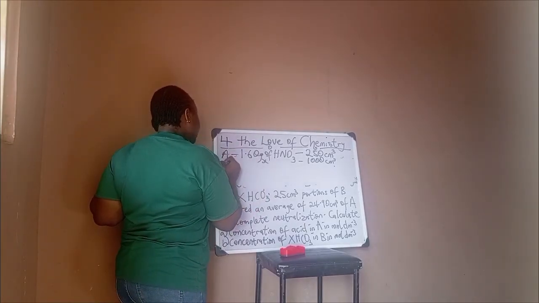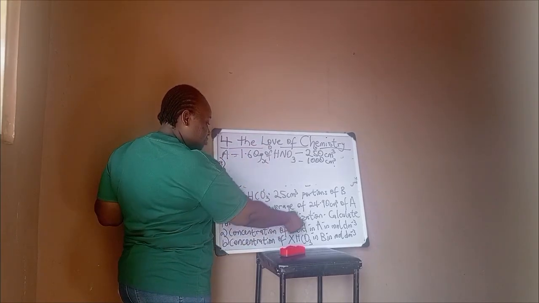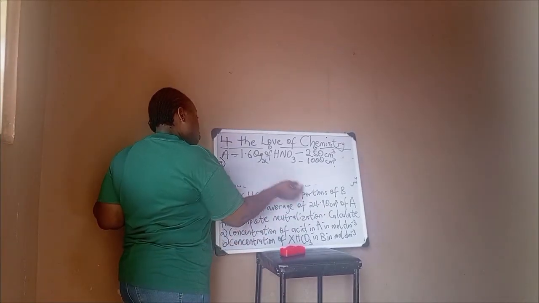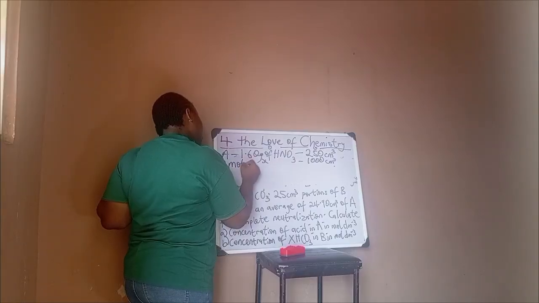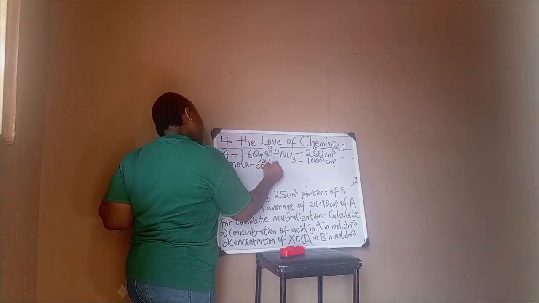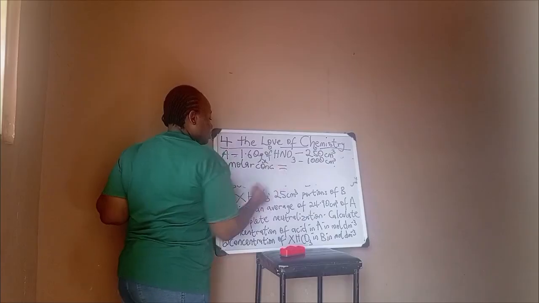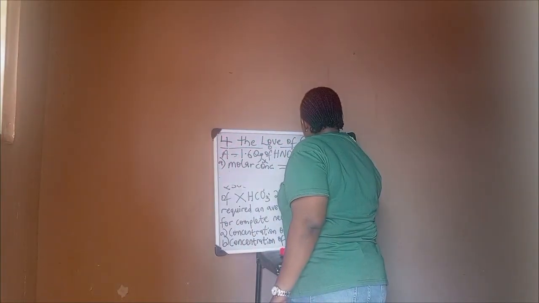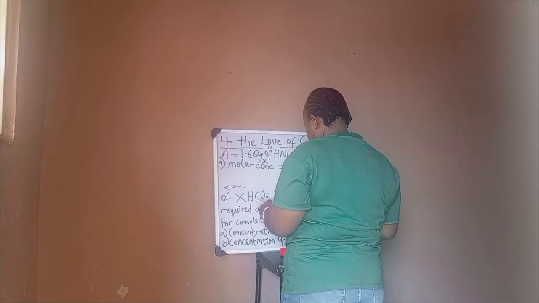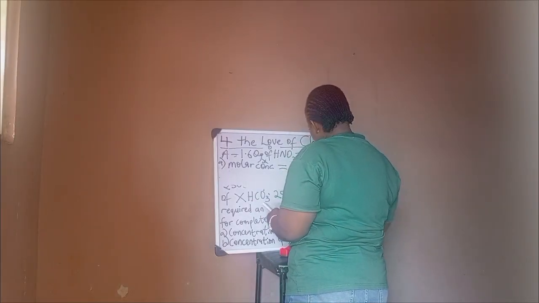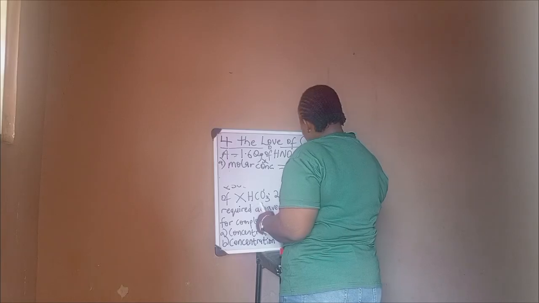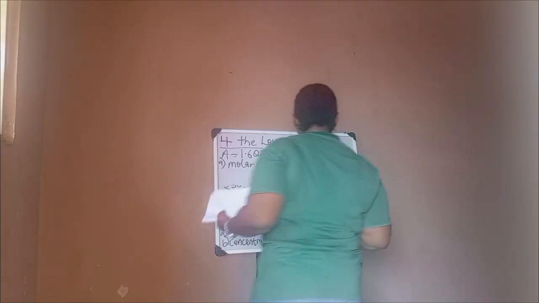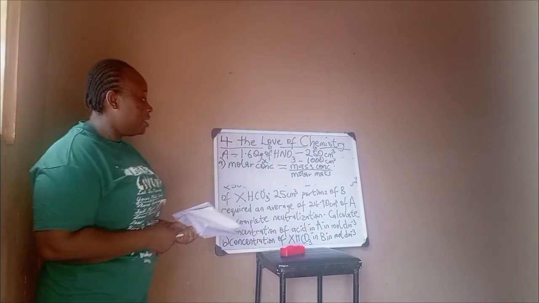Question A says the concentration of acid A in mole per dm cube. So mole per dm cube is molar concentration, which will be equal to the mass concentration all over the molar mass.